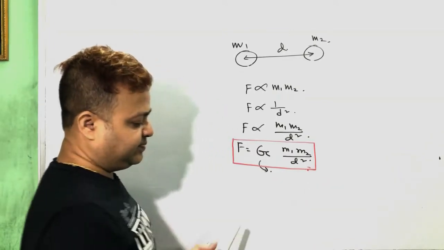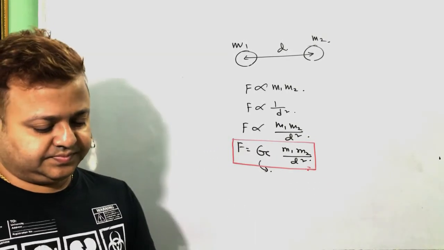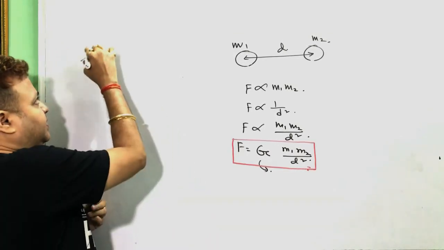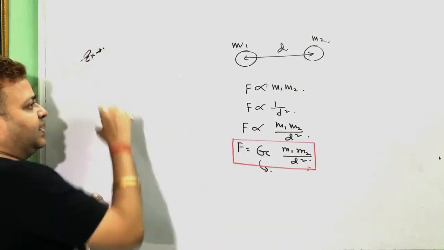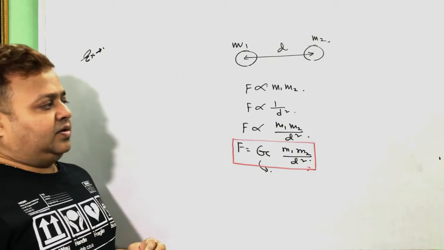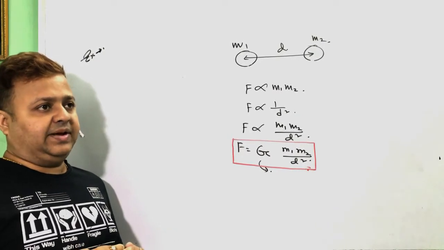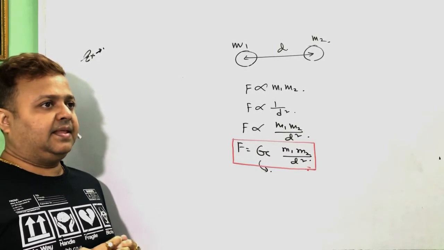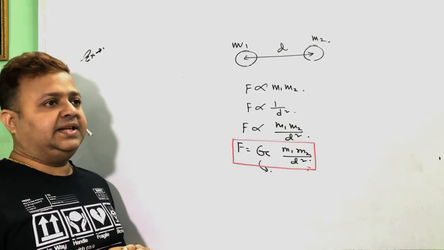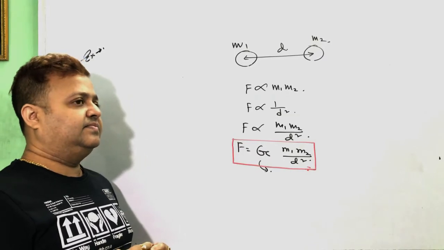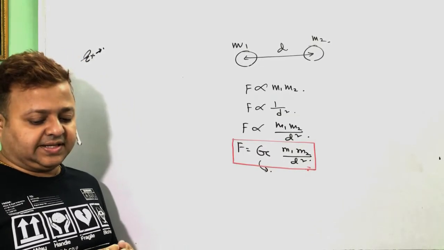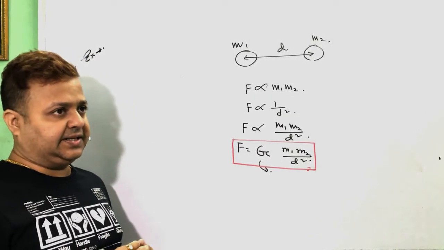For example, two bodies of equal masses are separated by a certain distance.